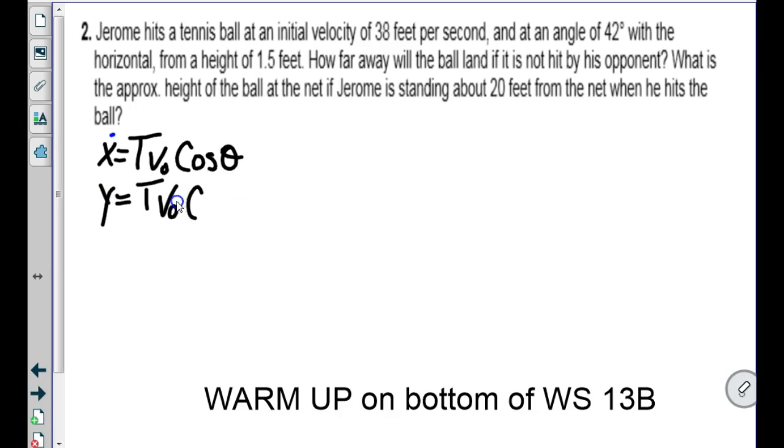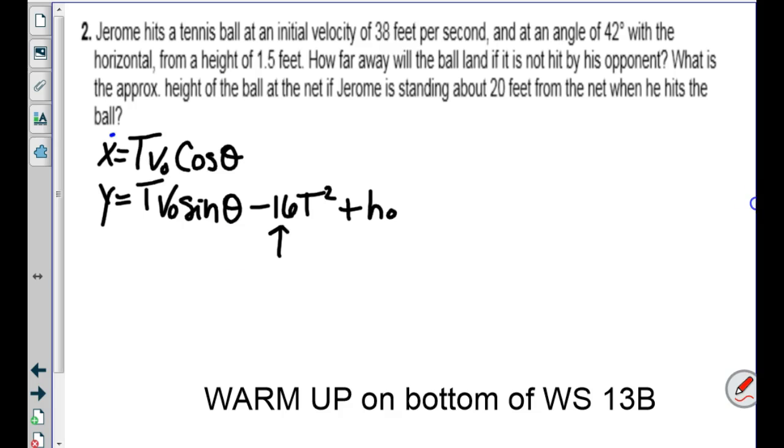Yes, because x goes with cosine and y goes with sine. Does that make sense to anybody? And this could be replaced with a negative 4.9 t squared if it's meters. This one is feet per second, so we're going to go with this formula.